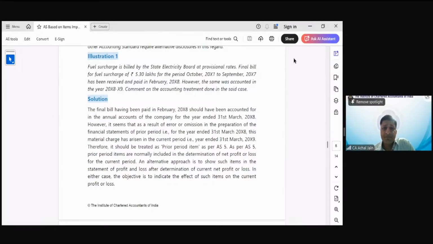But it seems that as a result of error or omission, it couldn't get recorded in that financial year. Therefore, when do you record this? X8-X9. Now you don't have a choice but to record it in X8-X9. Therefore, it should be treated as a prior period item.